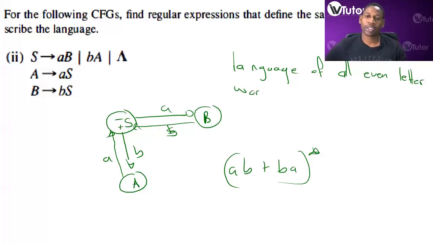Right. Language of all even letter words, that's the first one that we see. Of the even letter words, right? Neither start with an AA or end with an AA.